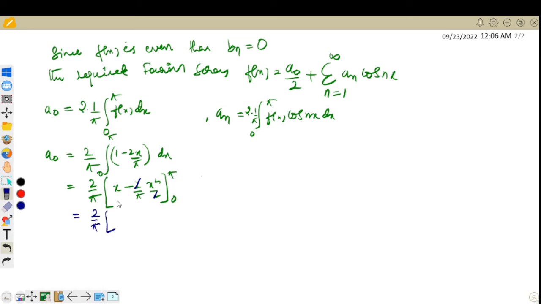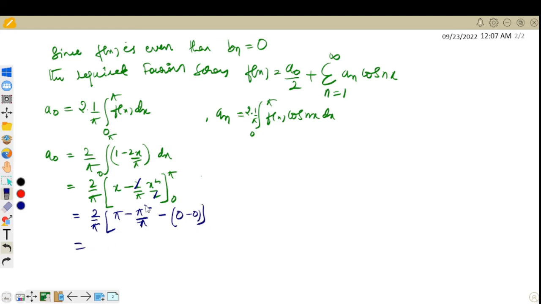Now substitute the upper limit and lower limit. 2 by pi, upper limit is pi minus pi square by 2, which is pi square by pi since 2 and 2 get cancelled, minus lower limit substitute 0, minus 0.